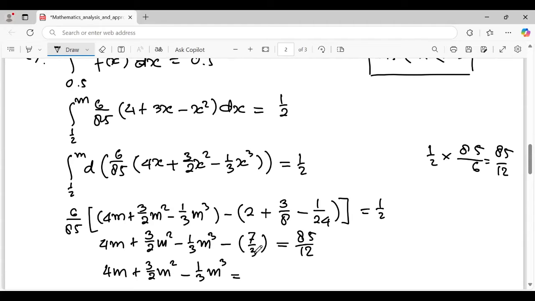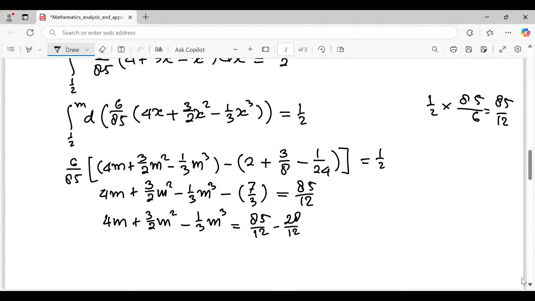This is times 4 equals 12 times 4, 28, so 85 over 12, 28 over 12. Oh, plus, not minus, because this is minus.